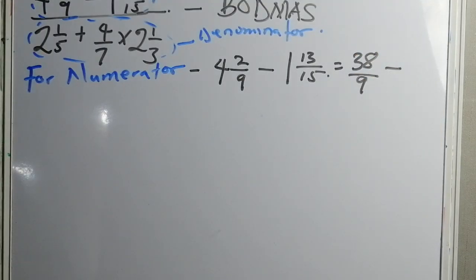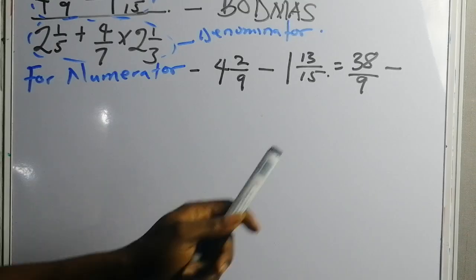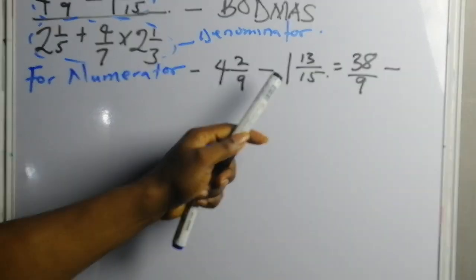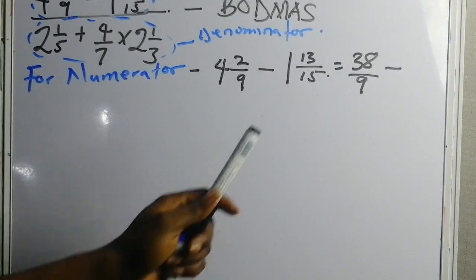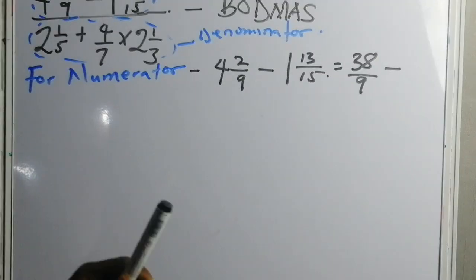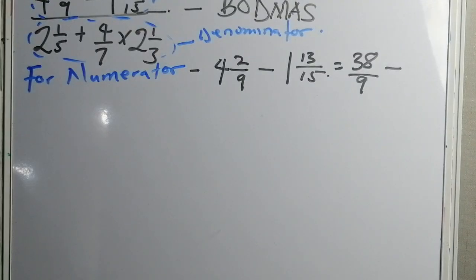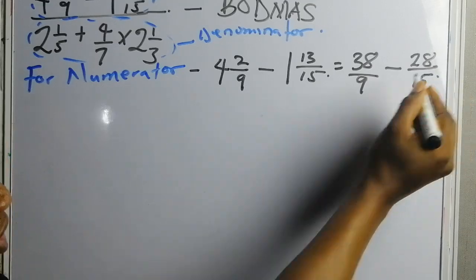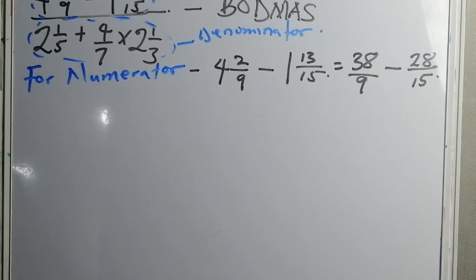Minus, 15 times 1 is 15, plus 13. 15 plus 15 is 30. If you remove 2, that's 28. So this one is 28 over 15.